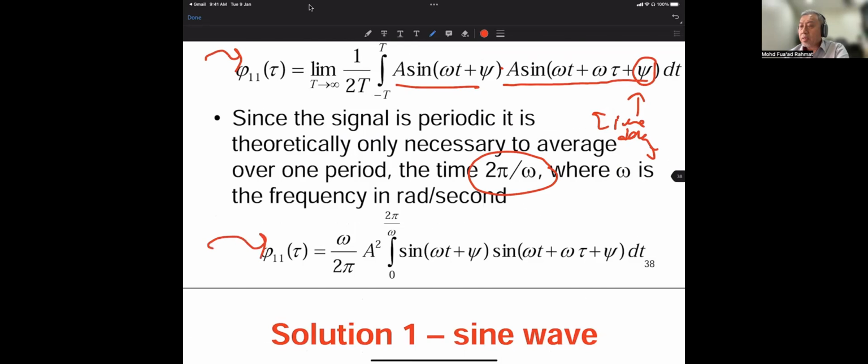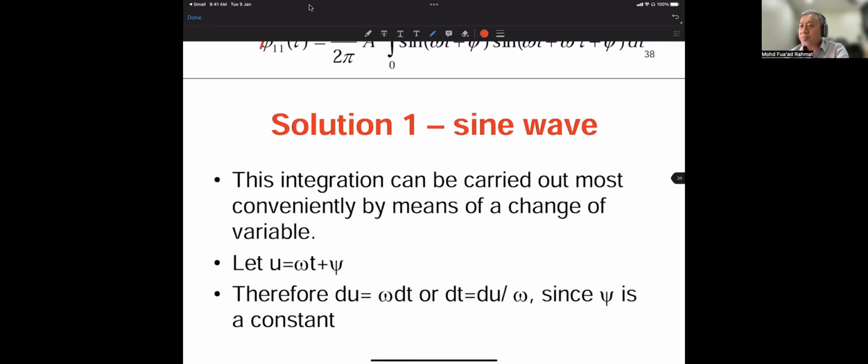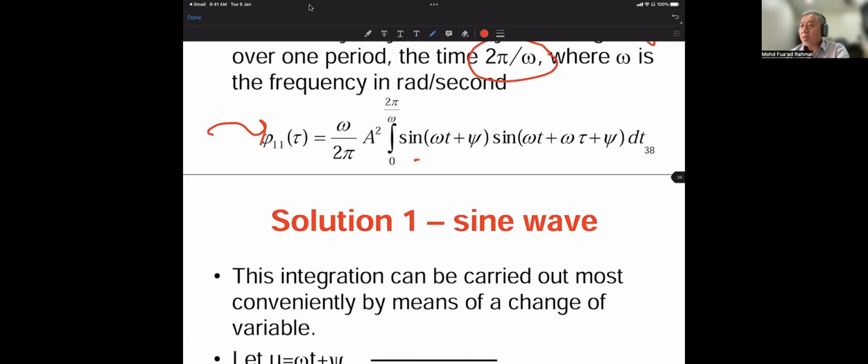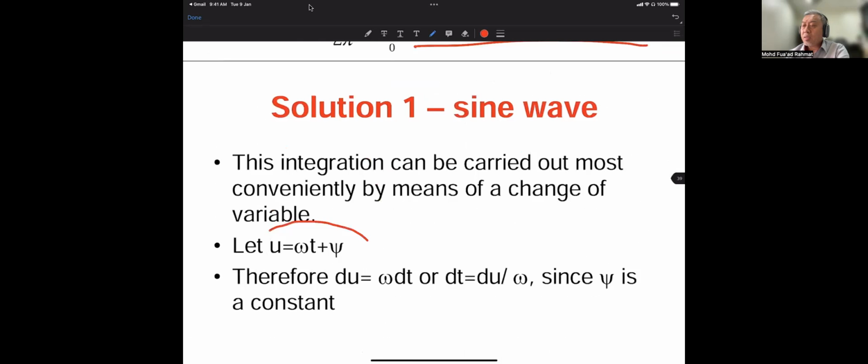Then we apply the integrations, and to simplify this, let u equal omega t plus psi. Therefore, we apply differentials, du and dt, since psi is a constant time delay.